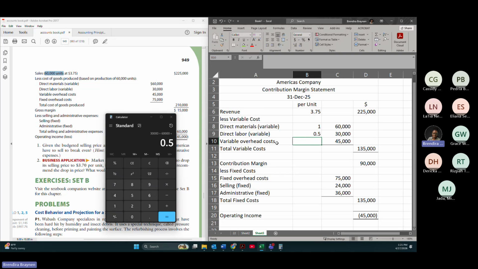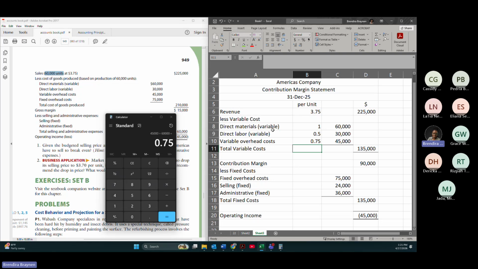Variable overhead is $45,000. So I take $45,000 divided by 60,000 units sold, which means I paid 75 cents each for variable overhead.